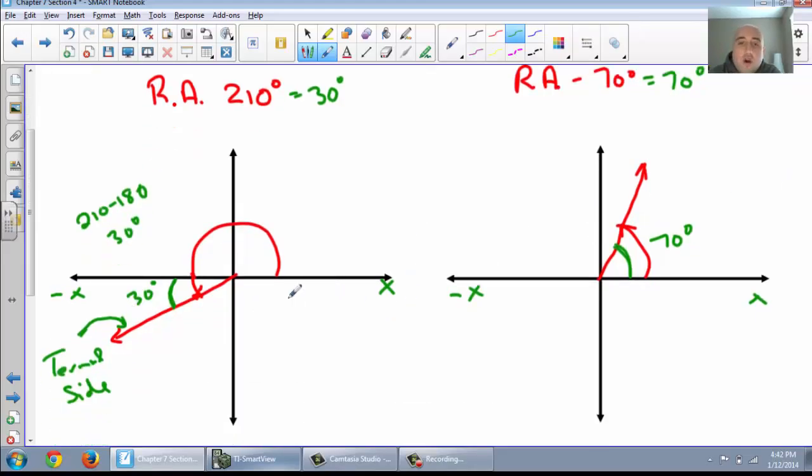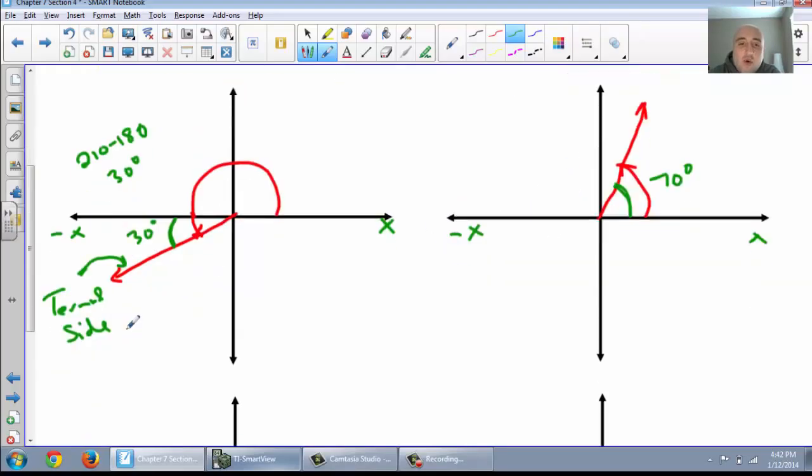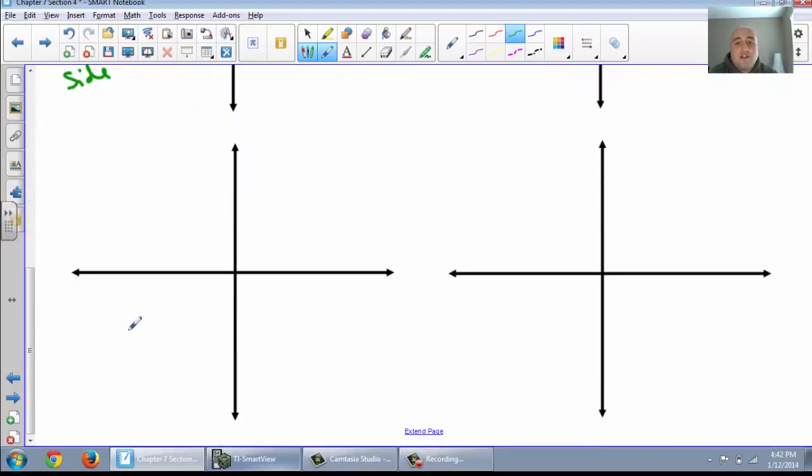All right, so we've done a first quadrant, we've done a third. Let's try a second quadrant one. Let's find the reference angle of 110 degrees. All right, so I'm going to draw 110. There's 90. I need a little bit past 90. How far is this whole terminal side from the nearest x-axis?